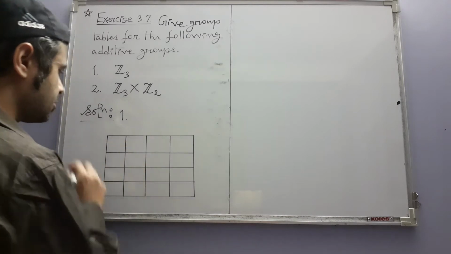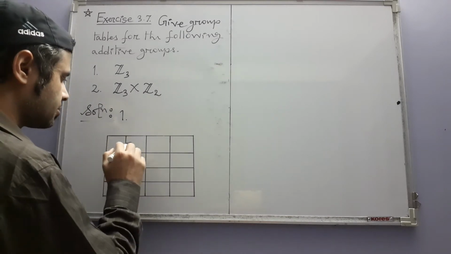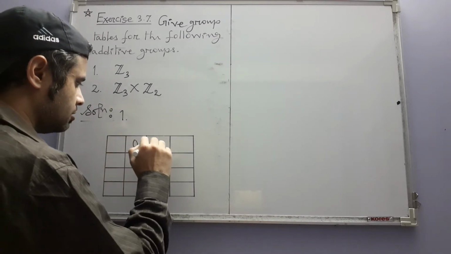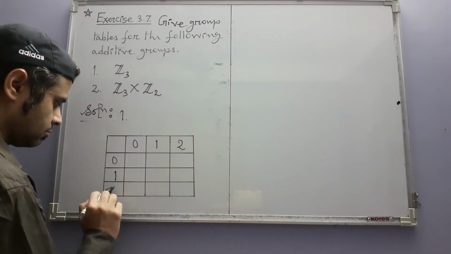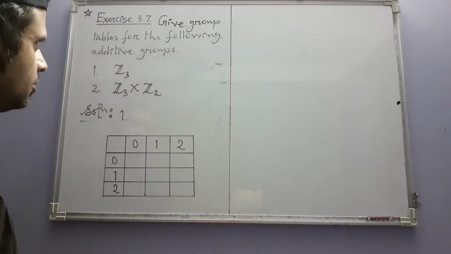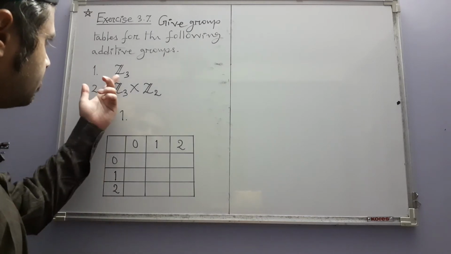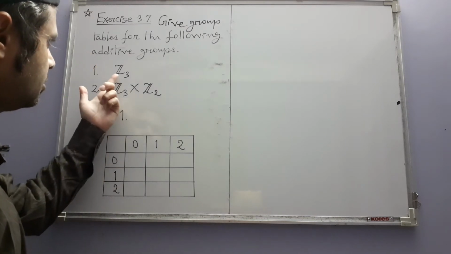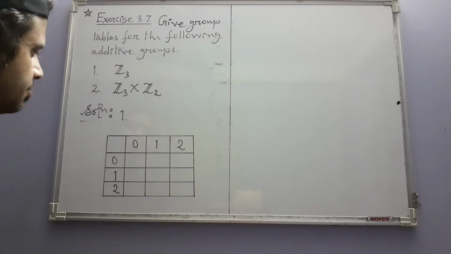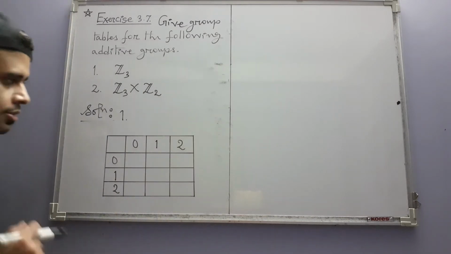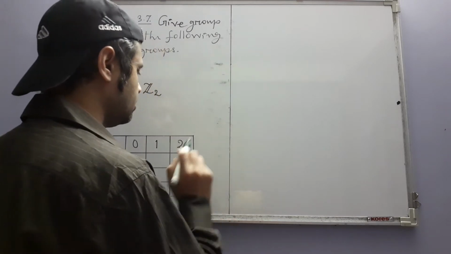So the elements in C3 or Z3 are these. These are additive groups, and the binary operation in the first one is addition modulo 3, which is, let us also recall what that is.